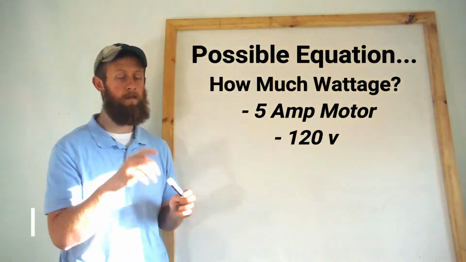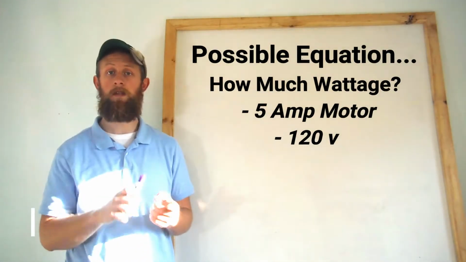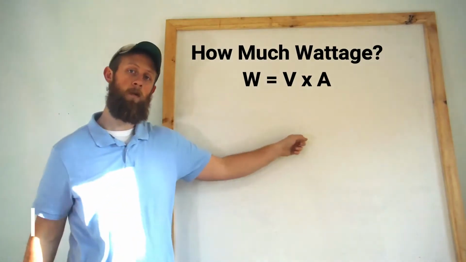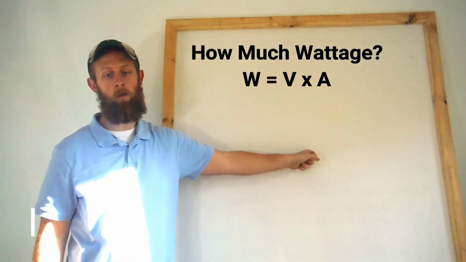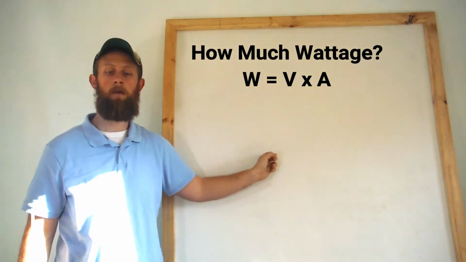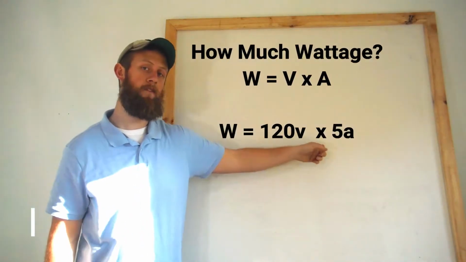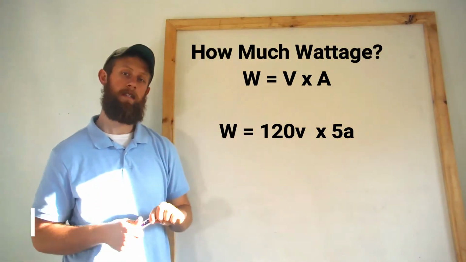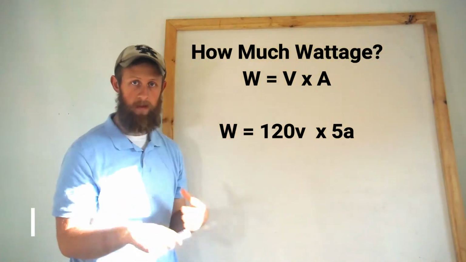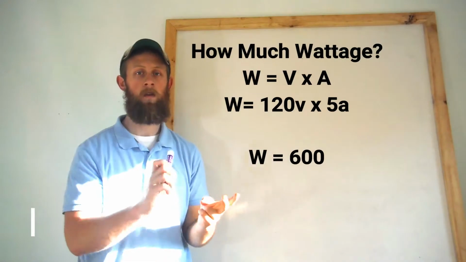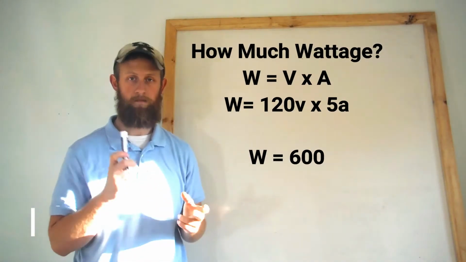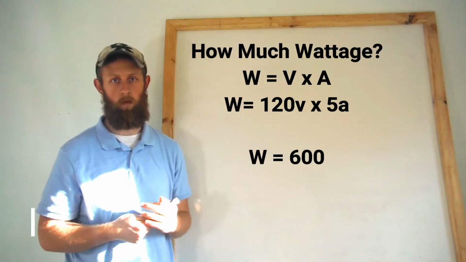First we're trying to find wattage, so we use the original West Virginia formula: watts equal volts times amps. So now we have W equals 120 times 5, or volts times amps, and that equals 600 watts. In sum, that 5 amp motor running on a 120 volt circuit uses up 600 watts.